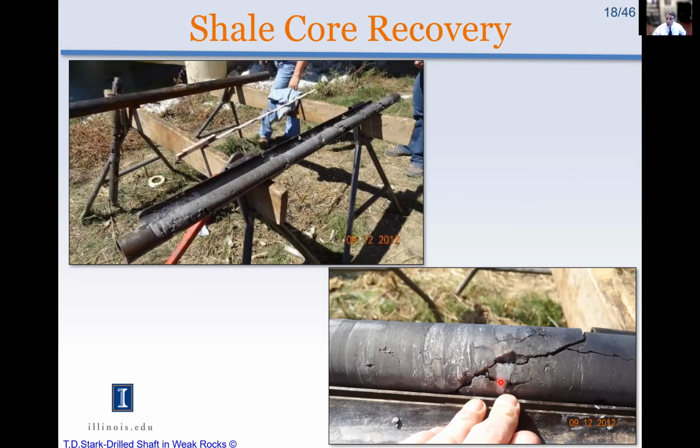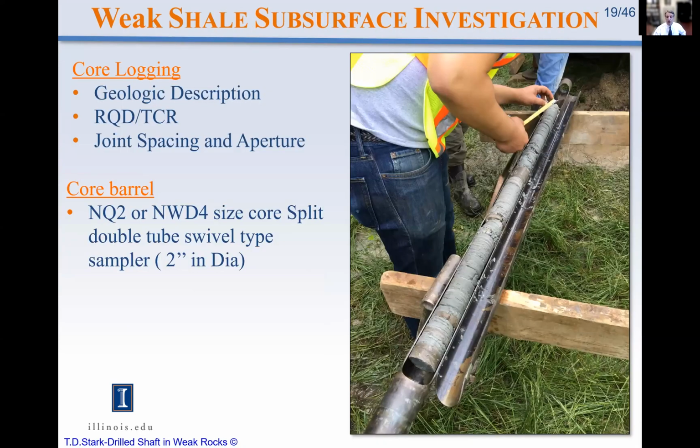One advantage of the MSPT is we don't have to deal with broken core, as you can see here, very hard to test. So this is facilitating the development of unconfined compression data. This core, you can see, has a fairly low RQD, and so it is difficult to run triaxial tests. NQ2 or NWD4 core barrels.